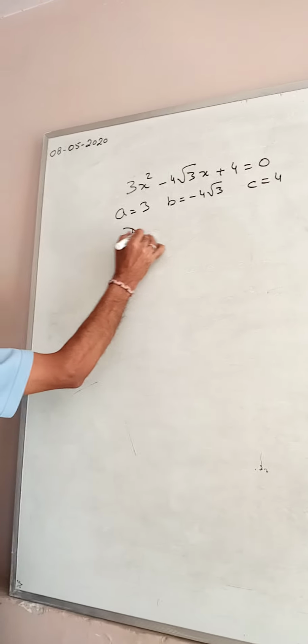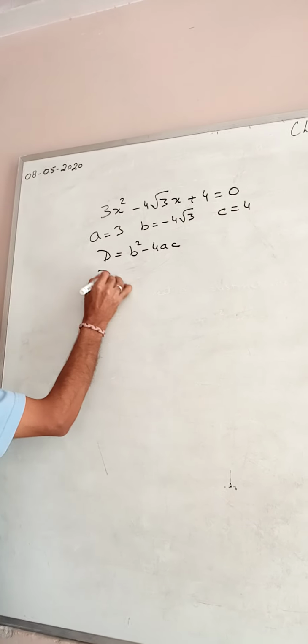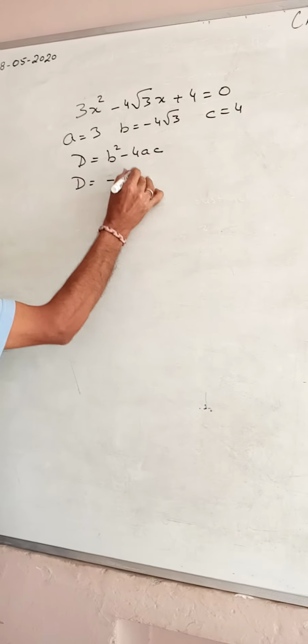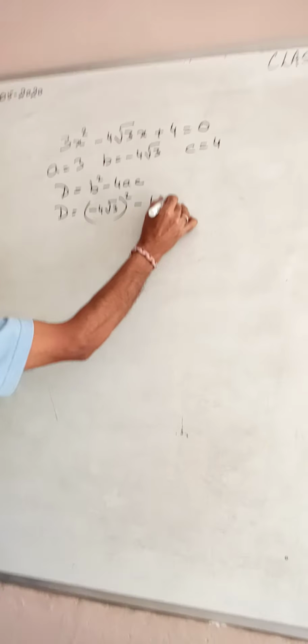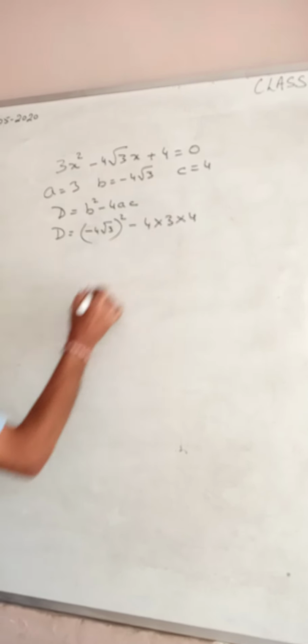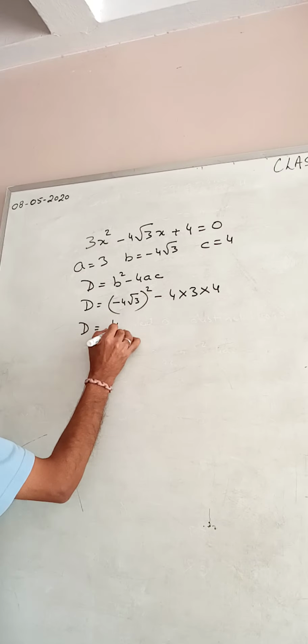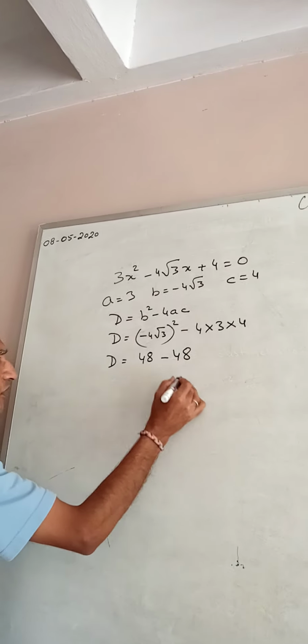We need to find D, which is b square minus 4ac, meaning D will be, here b is minus 4 root 3, so minus 4 root 3 whole square minus 4 into 3 into 4. I get D equals to, if I square this, I get 48 minus, and if I multiply this, I get 48.